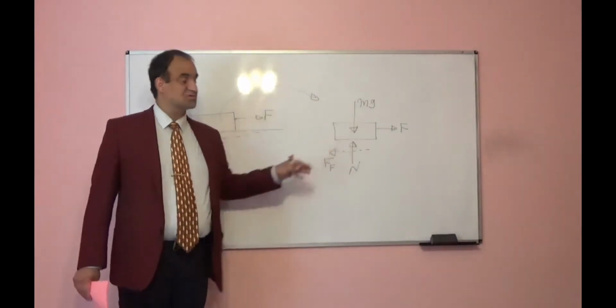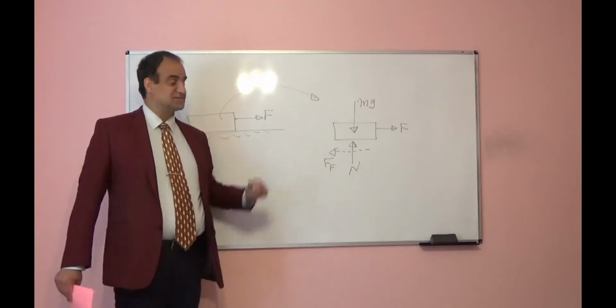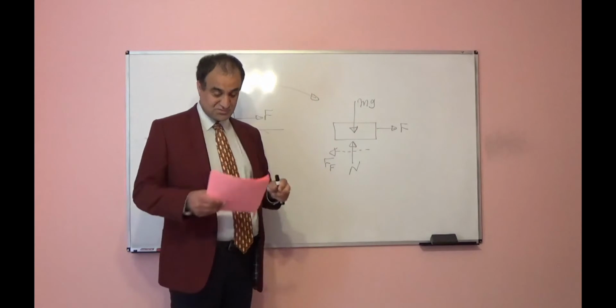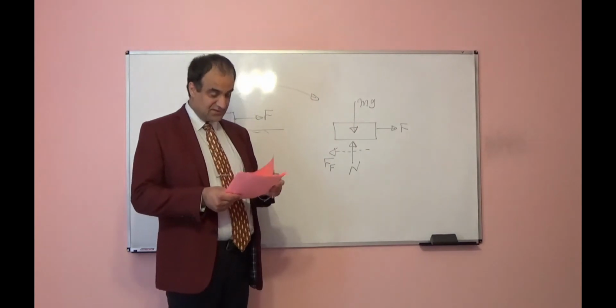Now all forces acting on this box are 1, 2, 3, 4 forces. This is the meaning of the free body diagram.